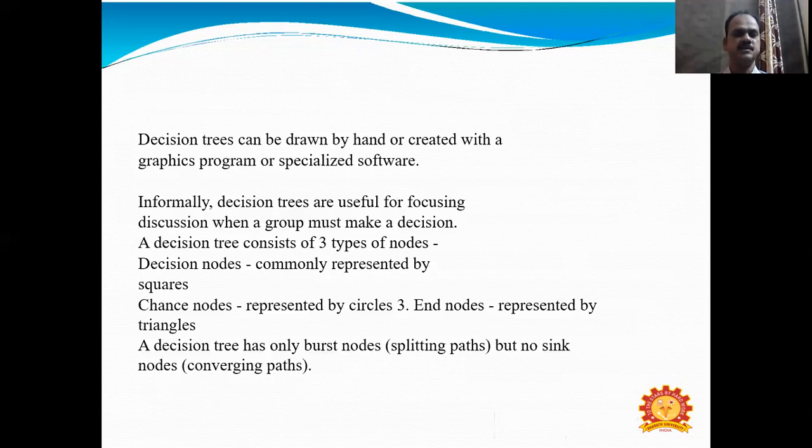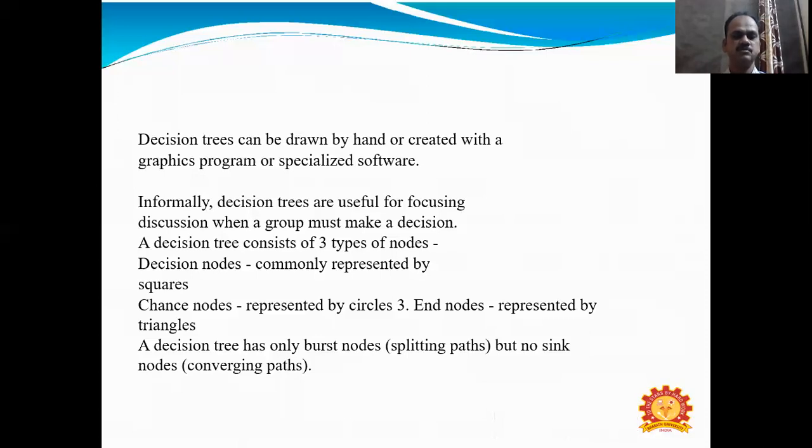A decision tree consists of three types of nodes: decision nodes, chance nodes, and end nodes. Decision nodes are commonly represented by squares, so we include the square type node.